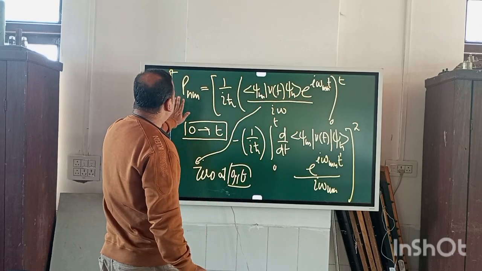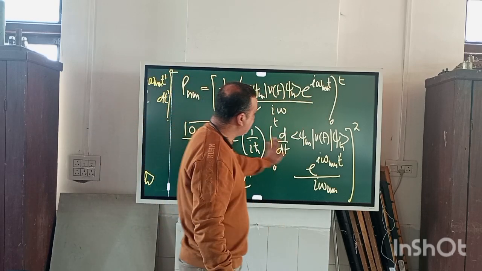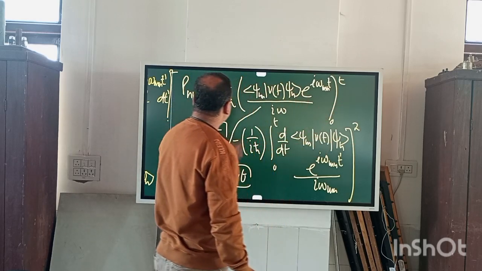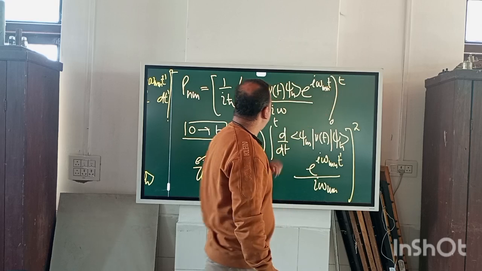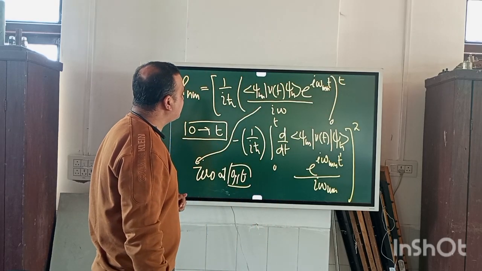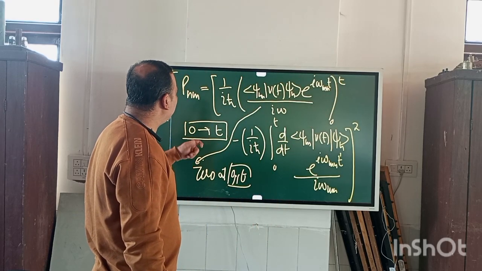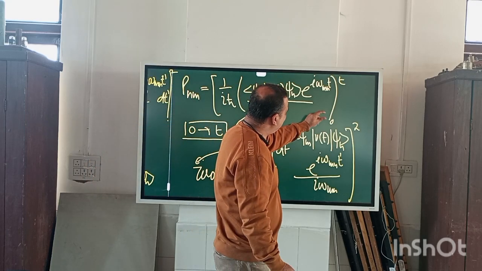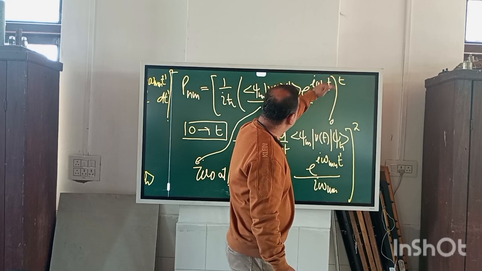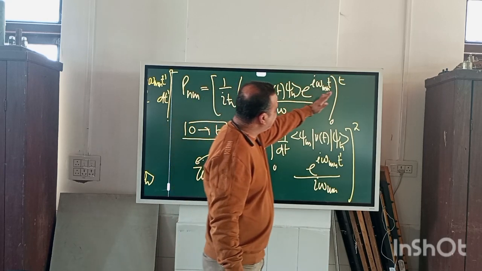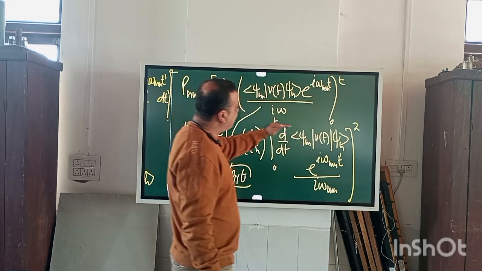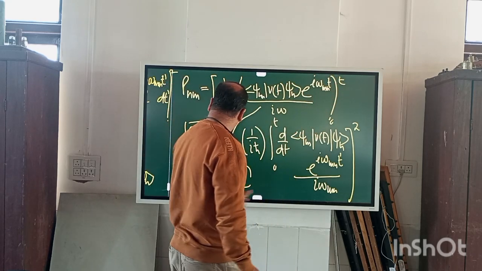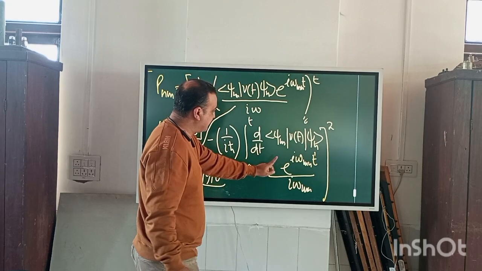So what we will be left with is this term. But keep one thing in mind, we have the square of this. So this whole thing is 0 when we apply the boundary conditions for the perturbation that we introduced to the system, for a span of time from 0 to t, and this thing will not exist for the boundary conditions that we have given as 0 and t. So we'll be left with this thing.